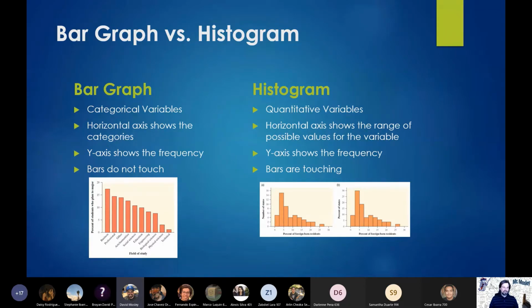However, with a histogram, the bars should not be separated. Like in the example here, the bars are all touching because we're representing values on that x-axis, on the horizontal axis, which means where one ends, the other one begins right away. There's no space in between.